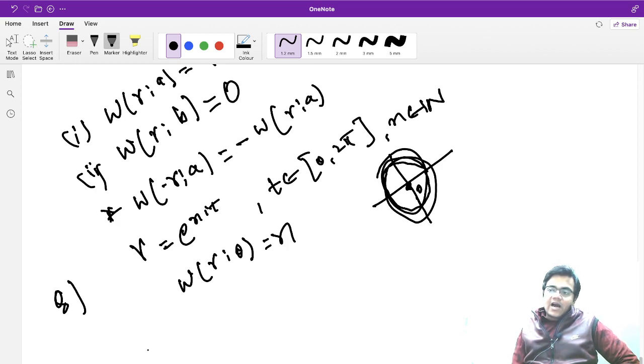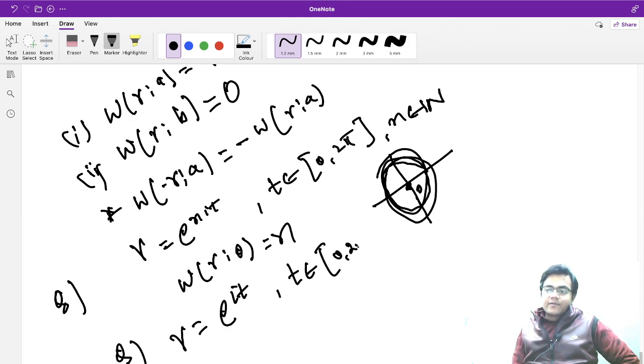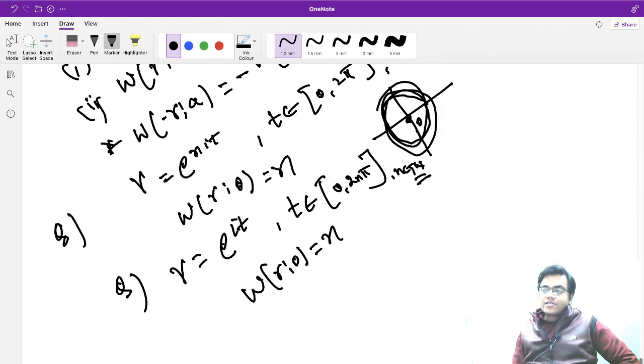Similarly, if somebody asks: gamma equals e to the power iota t, but t belongs to 0 to 2n pi, and n belongs to the naturals, what is the winding number of this gamma with respect to 0? Your answer will be n again, isn't it? Because you can see 0 to 2 pi, 0 to 4 pi, 0 to 6 pi, things like this.